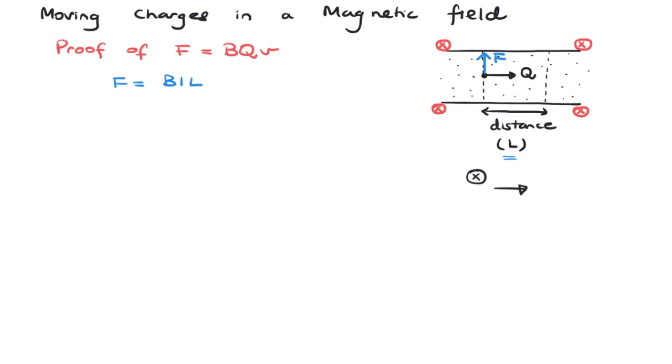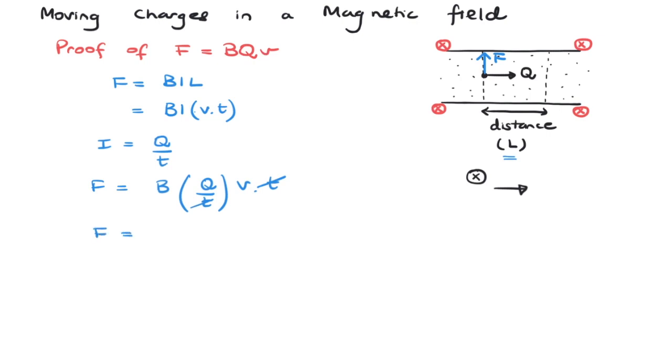as v times t. So it is just in terms of the velocity times the time that it takes to move that certain distance. And we also know that I is equal to q over t. So if I say that F is equal to B times q over t, times v times t, then the t's cancel out and it gives you the force acting on this moving charged particle as BQV, where the letters have their usual meanings.